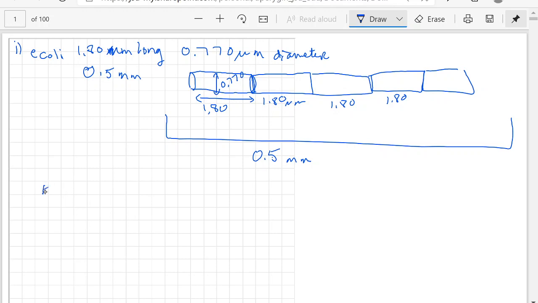So what we want are the number of E. coli per pinhead, right?